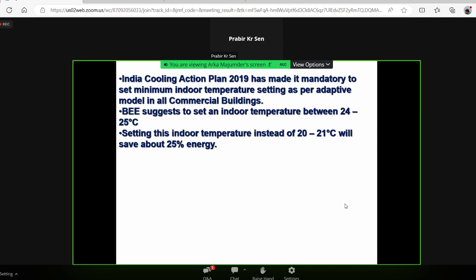Rather, don't put on a three-piece suit in your office. Try to use a short sleeve shirt and no tie in your office, and set the office temperature at 25 degrees centigrade. Setting temperature at 25 degrees centigrade or 24 degrees centigrade will save about 25% of the energy. Imagine.